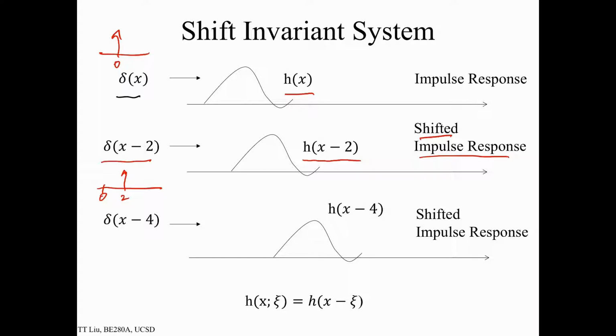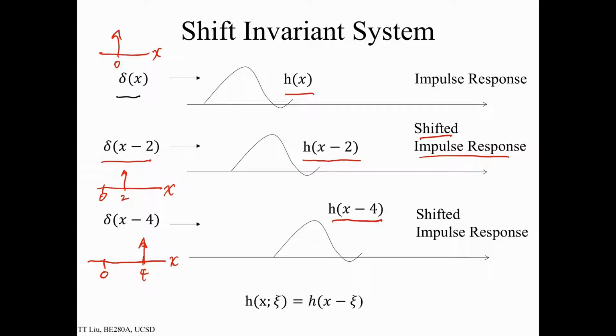Similarly, if we came in with a version that is shifted even more, located at x equals 4, then this impulse response, if it's a shift invariant system, must just be the original impulse response shifted by 4.